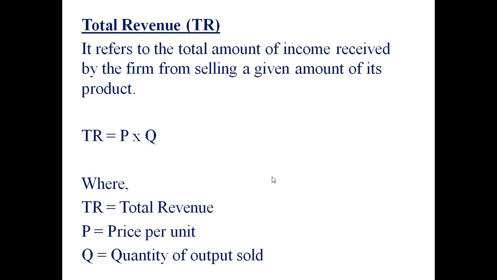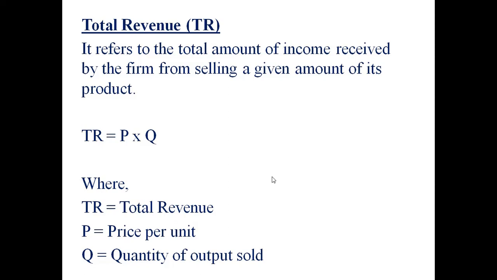So this is how you achieve TR, total revenue. Whenever you calculate TR, you are actually referring to a point of time. For your better understanding, you can treat it as a point of time.